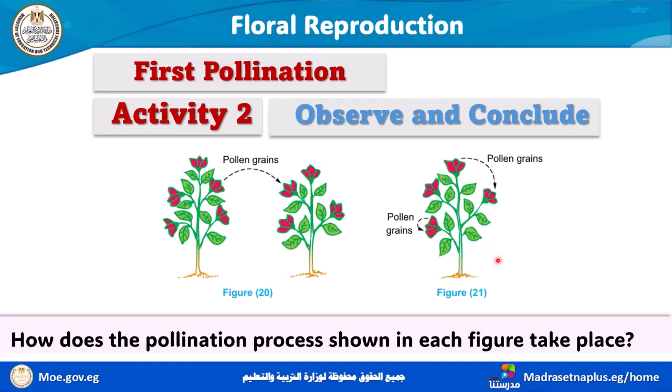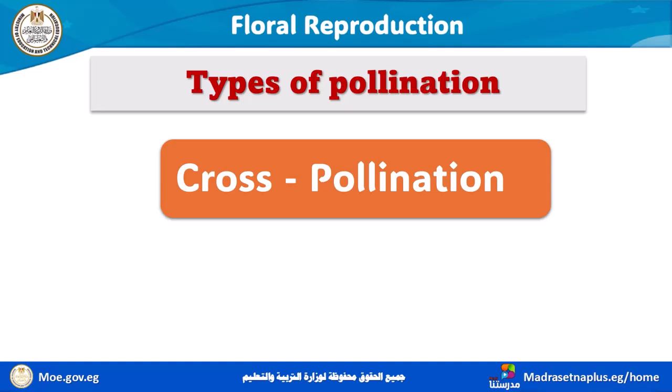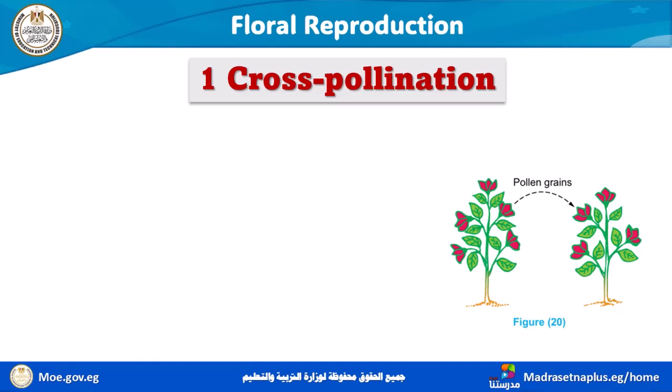Let's explain more about what happens during the pollination process and what the types of pollination are. The types of pollination are cross-pollination and self-pollination. Let's explain each one of them. We will start with cross-pollination.